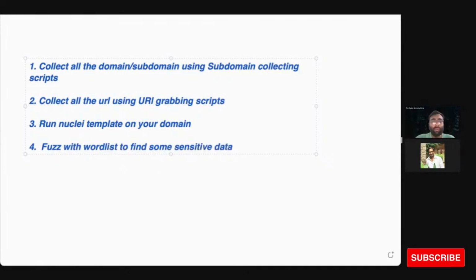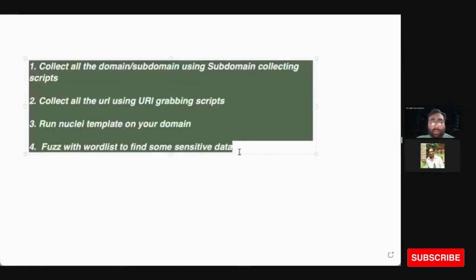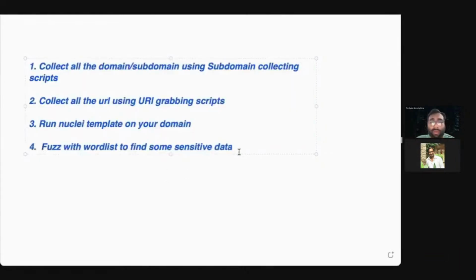So we have four processes to test our Salesforce CRM. We have more. We can find SQL and some XSS vulnerabilities. I will talk about how to find SQL in tomorrow's session. So you need to practice using all these methods.